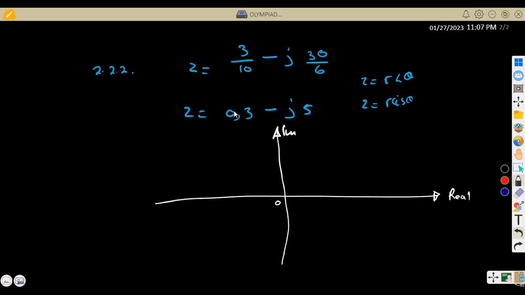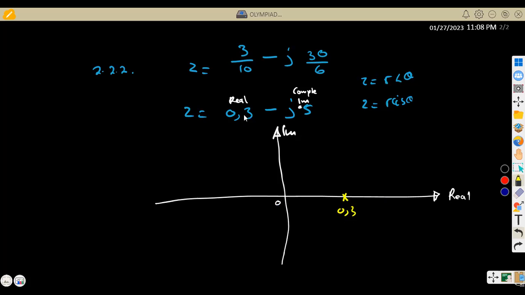As you can see, according to our z in this case, 0.3 is the real part, and this is the complex part, which is the imaginary part. So according to the real part, our z is at 0.3, which is positive. It's a sketch that you're doing. So this is at 0.3.